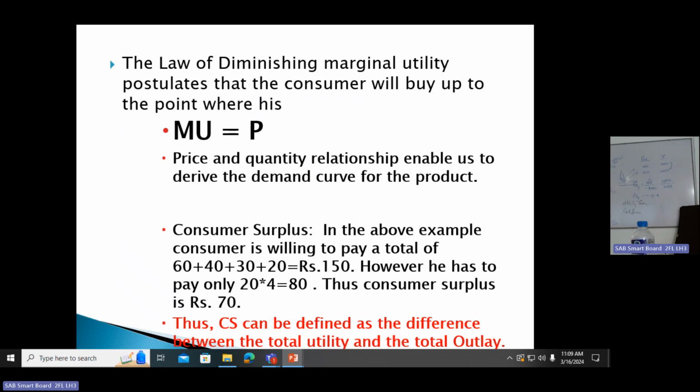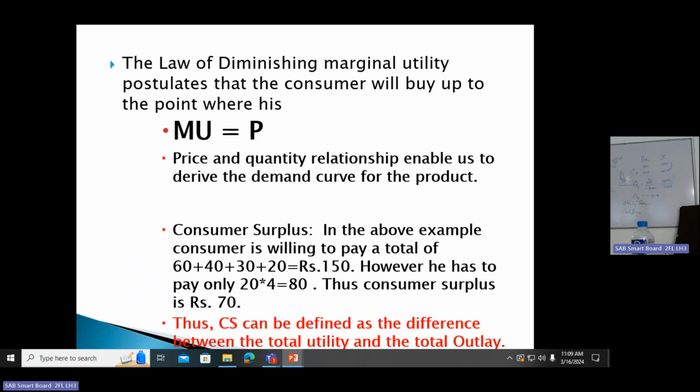So MU equals price. That is the equilibrium condition. We keep buying until marginal utility equals price. That is the equilibrium point.